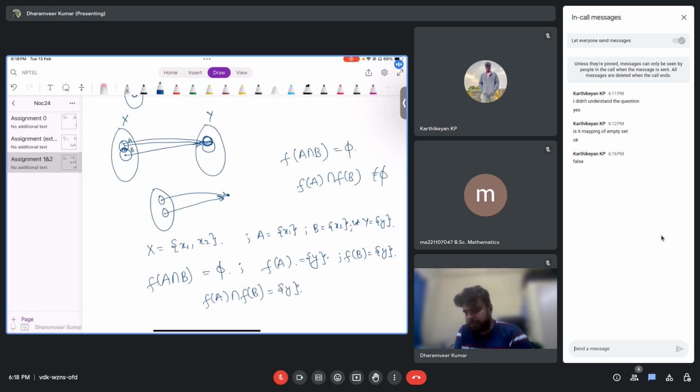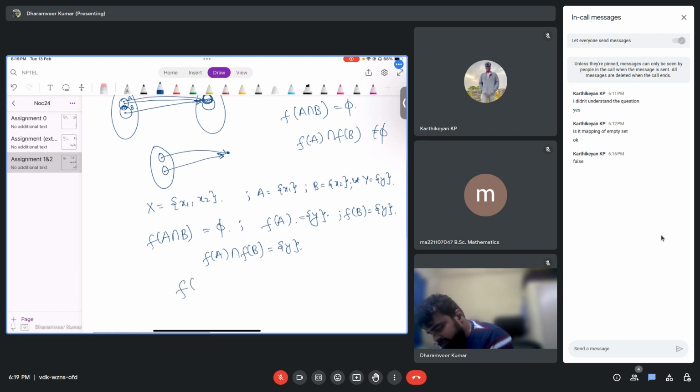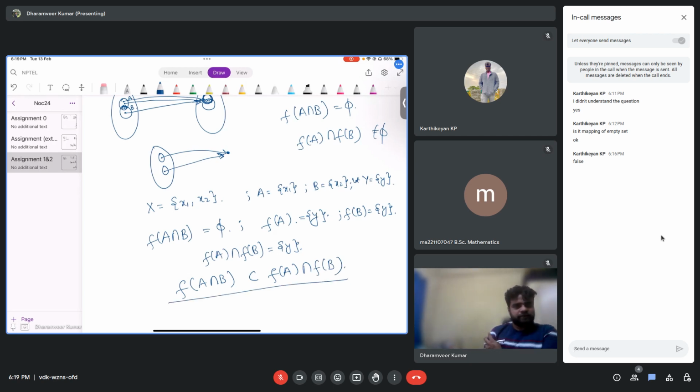These are not the same. But what do we see from here? There's an inclusion, just for this case. Is this true in general? Just a little note, there is always some kind of inclusion like this. So you can take an example and solve, it will be true.